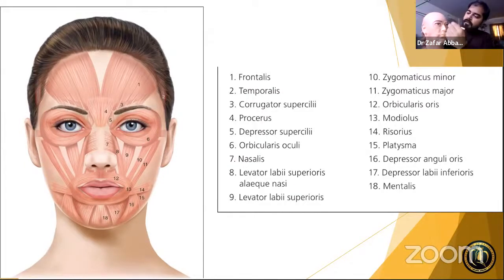From the eye to the eyebrow, we draw two lines in cross section like this. This is the point we inject our Botox. You can see this cross, okay? This is the corrugator muscle. We inject over here.